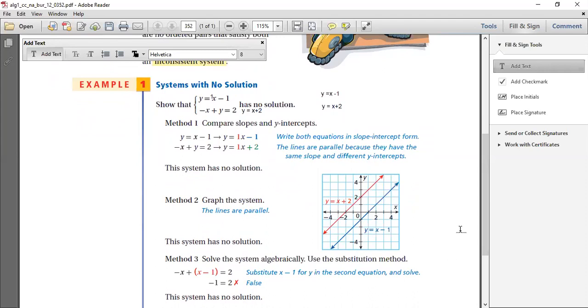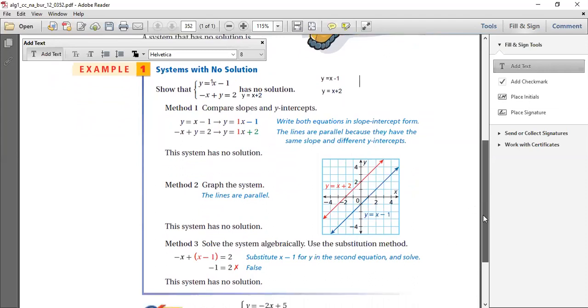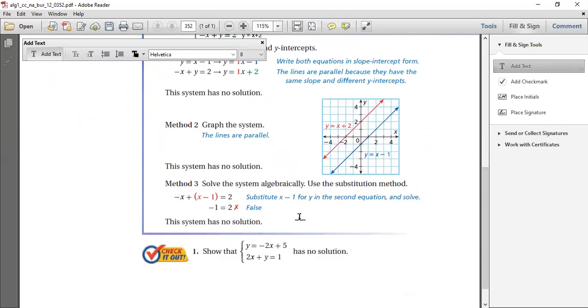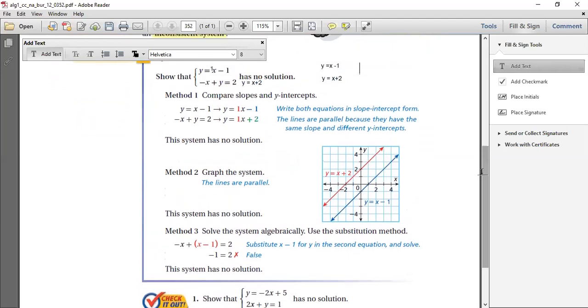Okay, the third method is using the substitution method. You can use substitution, you can use elimination, any way you want to. So this is the equation. What they are doing is, in place of y they substituted x minus 1. So minus x plus x minus 1 equals 2, which means minus x plus x will give you 0.